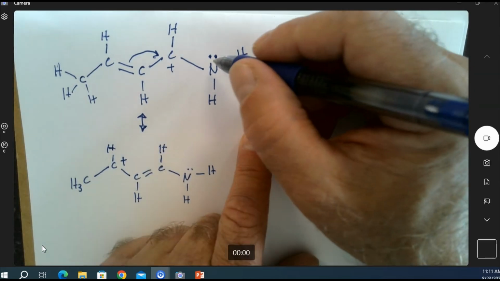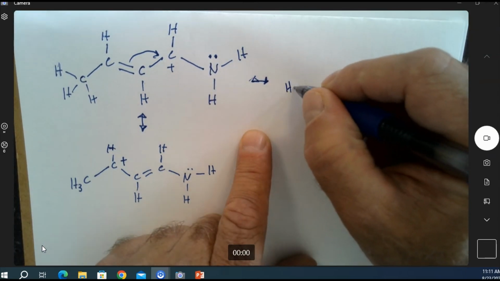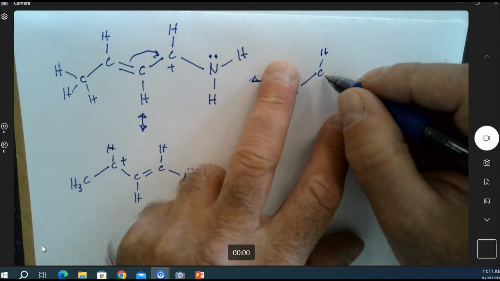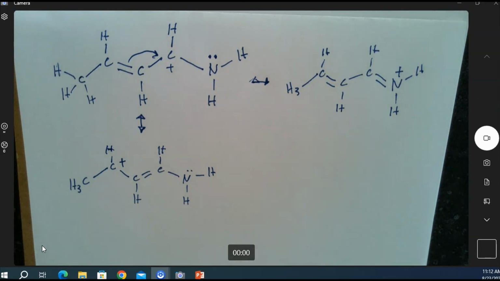I could draw another one where I moved that lone pair of electrons, in which case the double bond would still be there. Notice what I wrote at the beginning. What moves? Lone pairs, double bonds. What atoms can play? sp2 hybridized carbons. Nitrogen's a little weird.